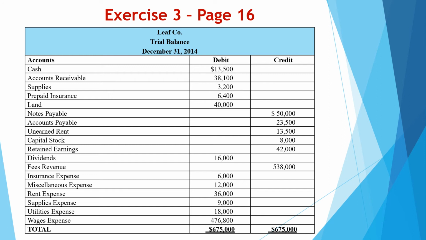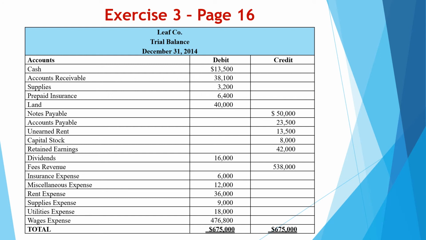We have the land, which is asset, miscellaneous expense, it is expense, notes payable is a liability account, prepaid insurance is asset, rent expense, it is expense, retained earnings is retained earnings, supplies, asset, supplies expense, expenses, unearned rent, liability, utilities expense, and wages expense are expenses. So this is the classification of the accounts given.